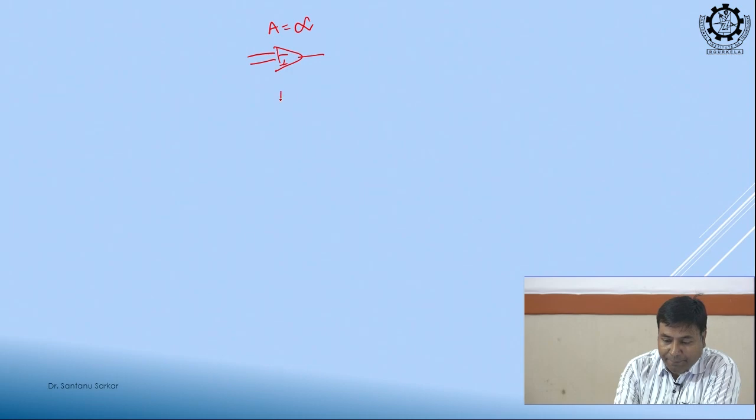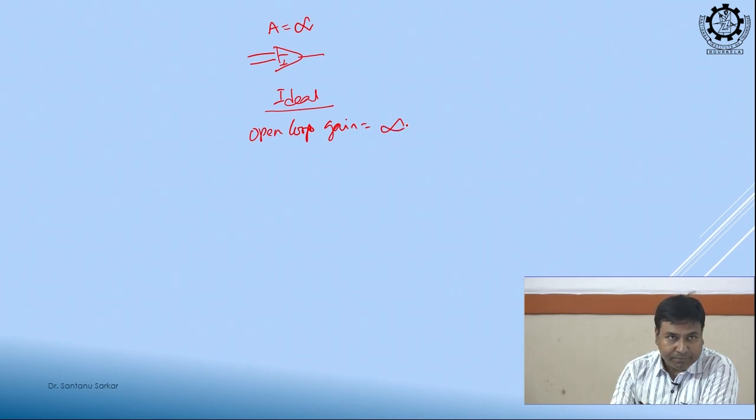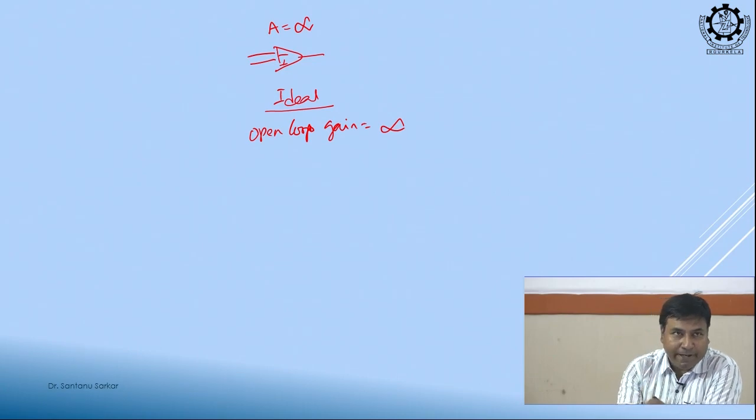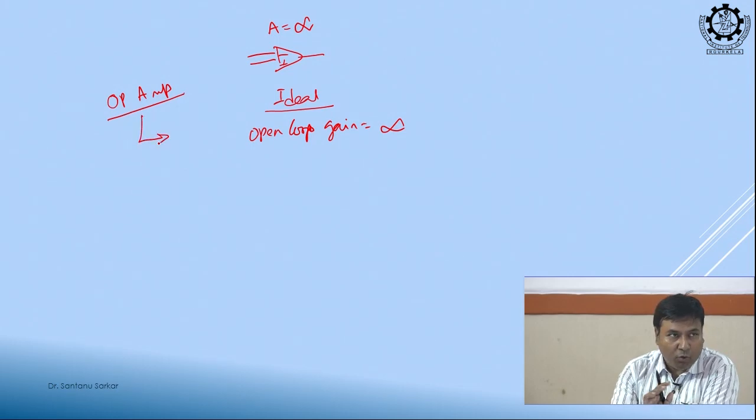Ideally my open loop gain is infinite. Now, my question is, can you use that as an amplifier? This is an amplifier, op amp, amp means amplifier. Can you use it in open loop as it is?